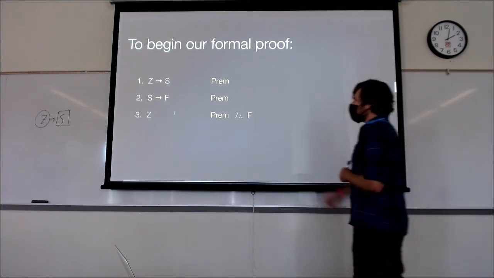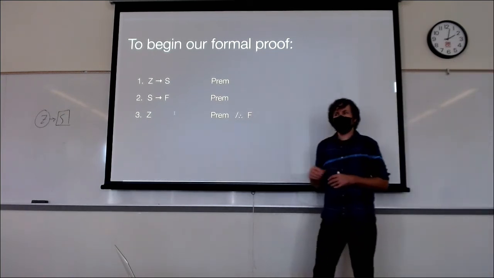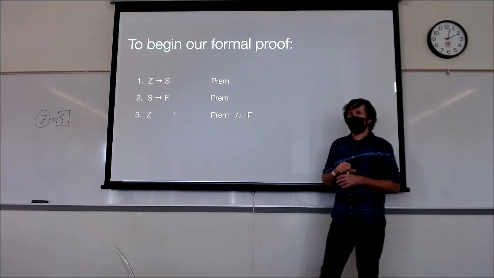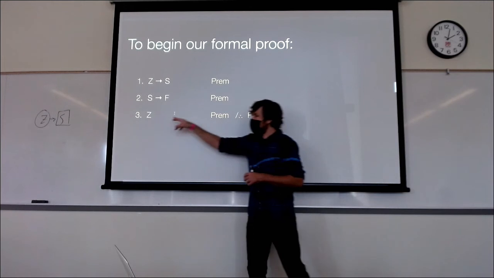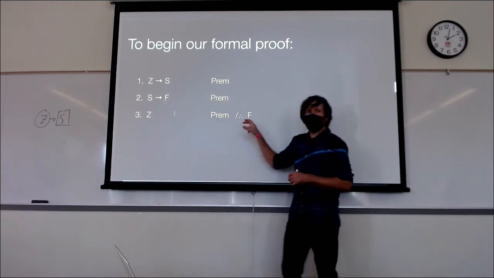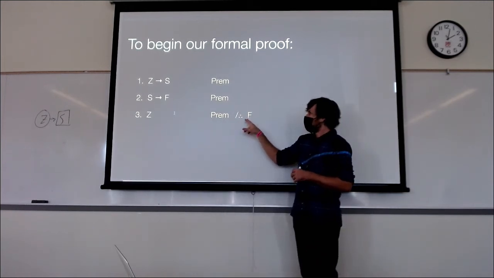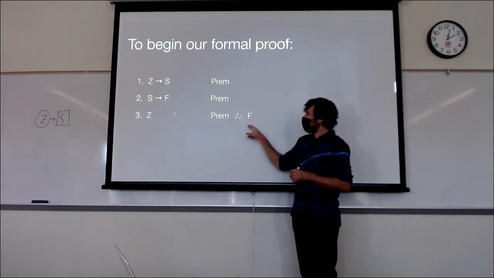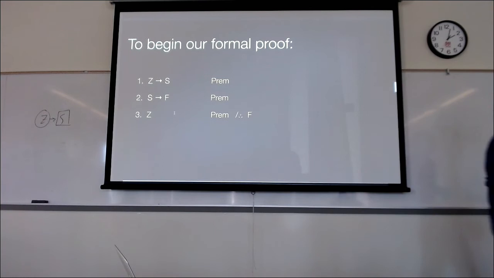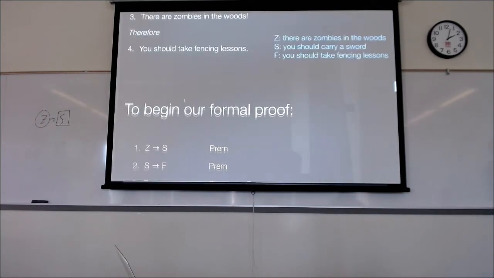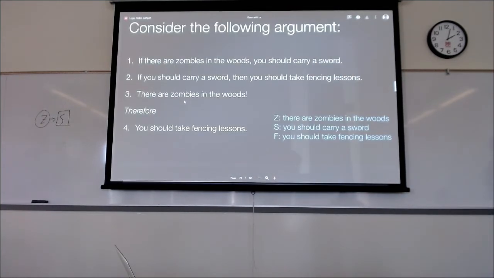So, premise 1, Z arrow S. Premise 2, S arrow F. Premise 3, Z. And this is something the book does not do, but I like to do it, and that's tell the reader what the conclusion is. The conclusion of the argument is, let's go back to the previous slide, you should take fencing lessons. That is F. That is the conclusion.